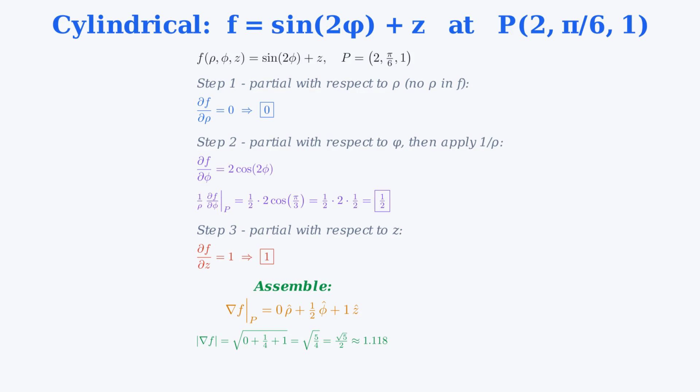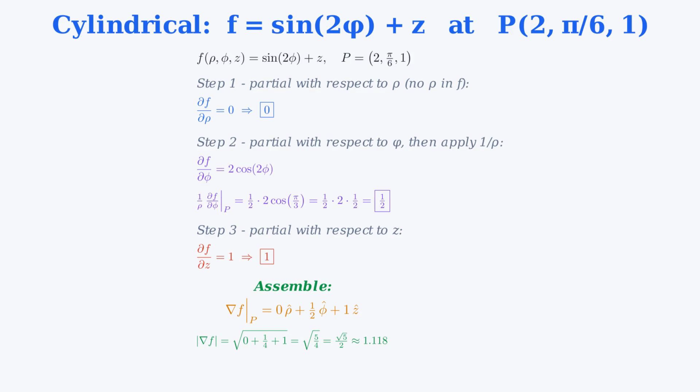At p, rho equals 2, so we get 1/2 times 2 cosine of 2 times pi over 6. 2 times pi over 6 is pi over 3. Cosine of pi over 3 is 1/2. So we have 1/2 times 2 times 1/2, which equals 1/2. The phi component is 1/2.